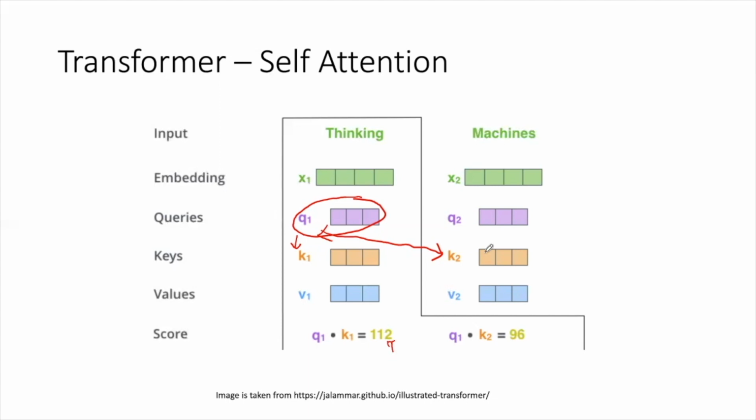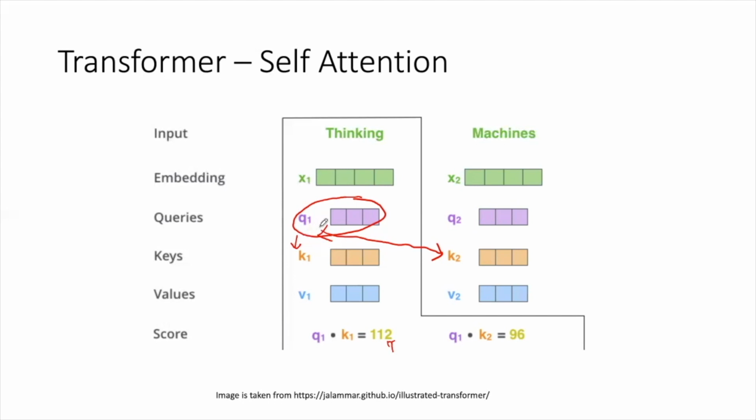So the closest key vector is depicted by this dot product. The higher the dot product, the closer the two vectors are. So the relevance of the key vector to the query is represented by the dot product. So that's one way in which we can capture the relevance of a key and the query.